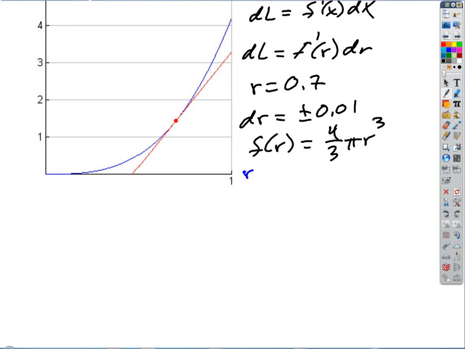And so really then, the actual change in volume is going to be approximated by dl, the linearization, which is just based on our formula. Just f prime, and we could call it v of r, couldn't we? We called it f, but might as well just call it v, because that's what it is, it's volume. Call it what it is.